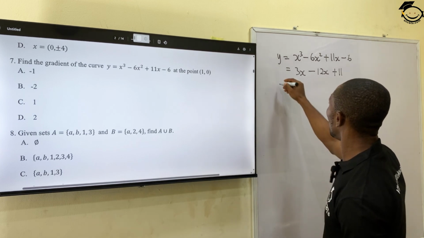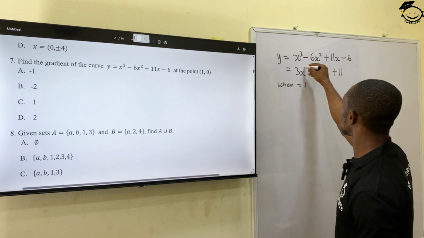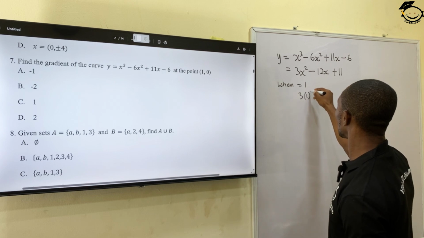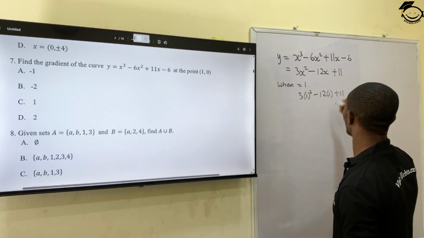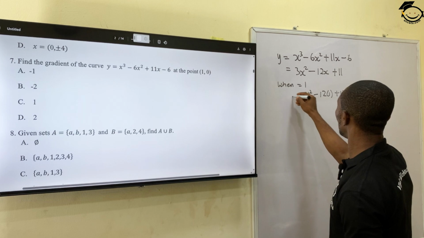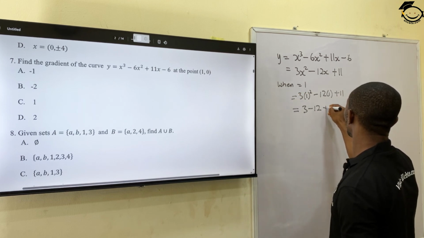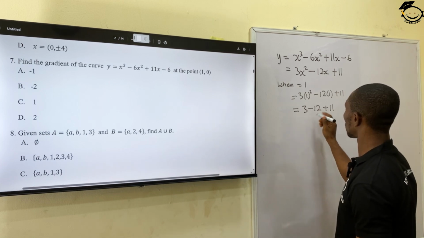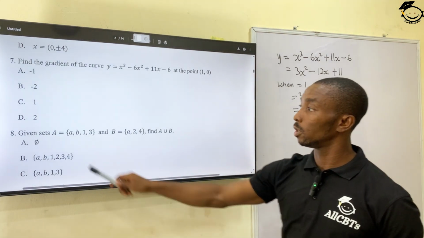Now when x equals 1, this becomes 3(1) squared minus 12(1) plus 11. So this will give us 3 minus 12 plus 11. Now 3 plus 11 will give us 14. 14 minus 12 will give us 2, which gives us option D.